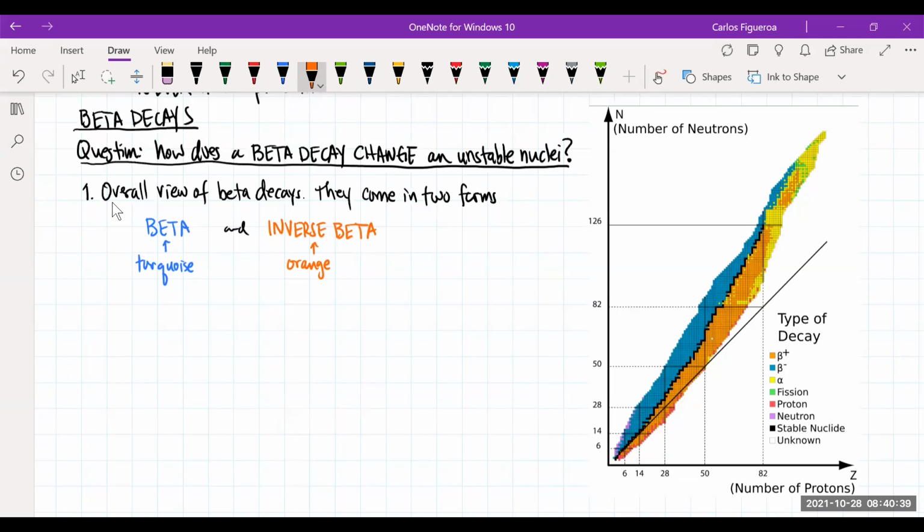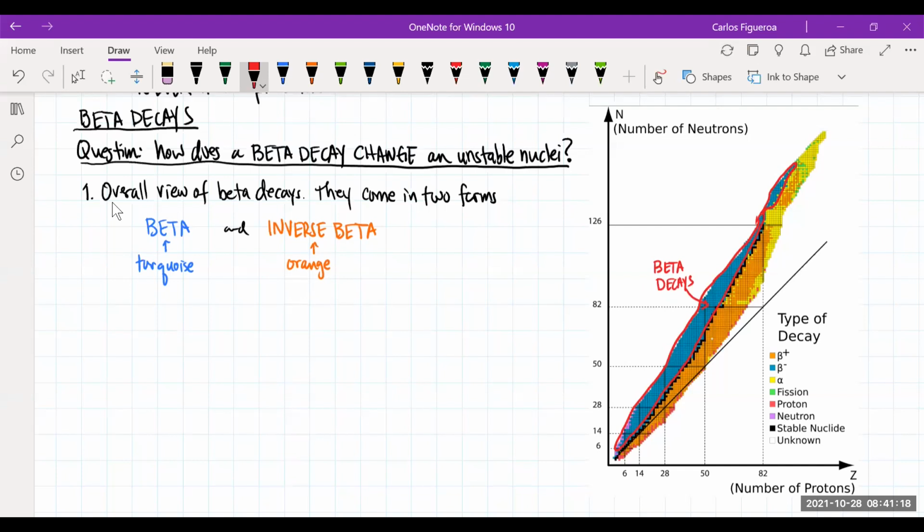When you look at the turquoise, look at that black line of stability. The vast majority of the turquoise region is above the black line on this table. And then there are some that actually occur in the very, very heavy elements. So this right here is the region of beta decays.